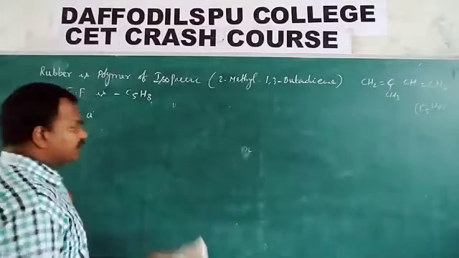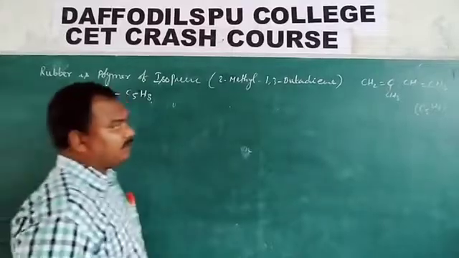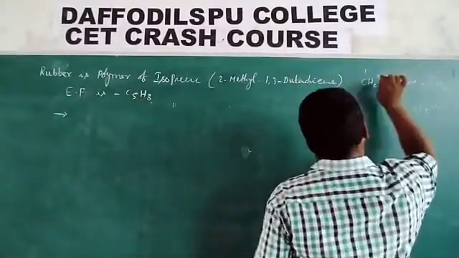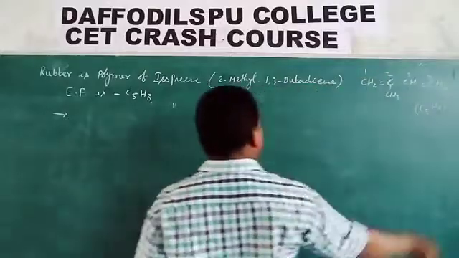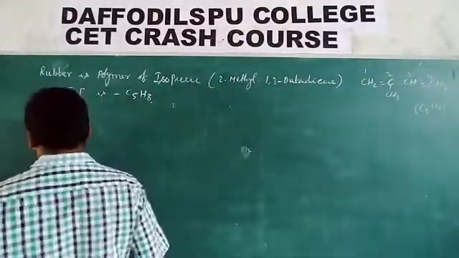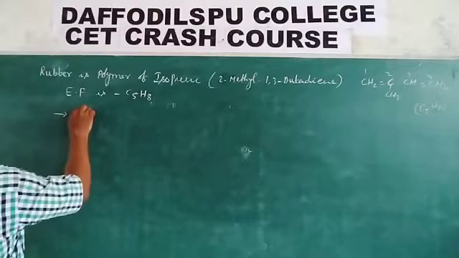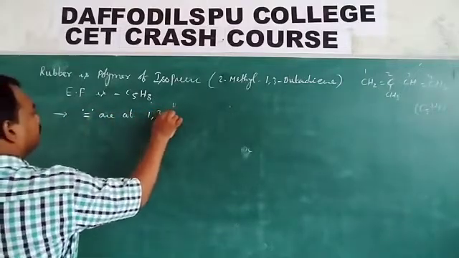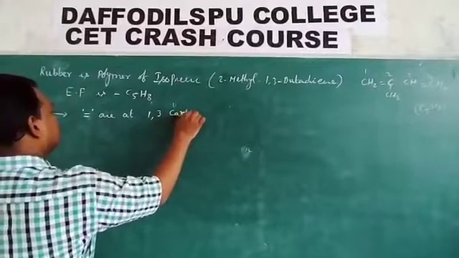Again, we have to look at the double bonds. In isoprene units, the double bonds are present at the first carbon and at the third carbon.